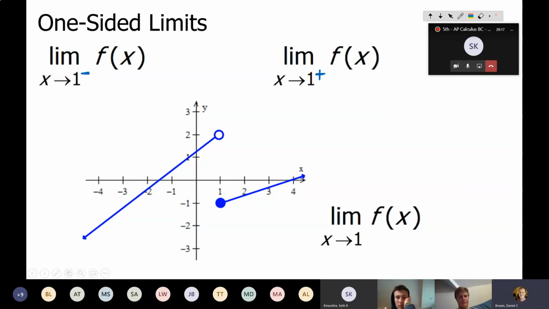So this first one, where I have the limit as x goes to 1 and you see the negative there, we're going to interpret that as the limit as x approaches 1 from the left.